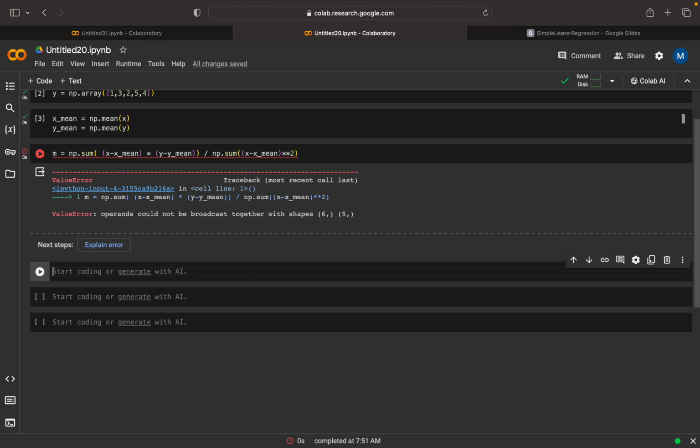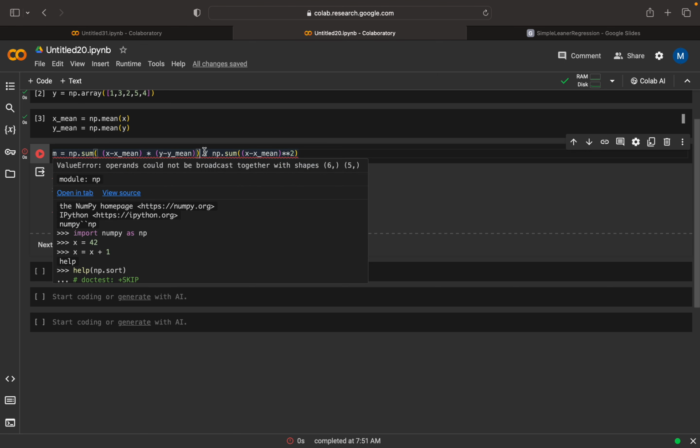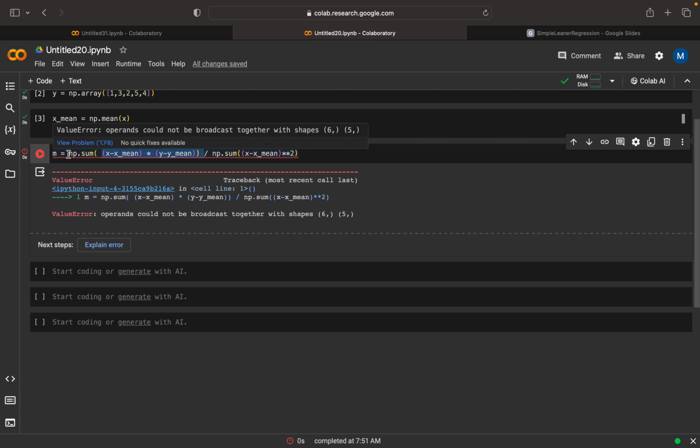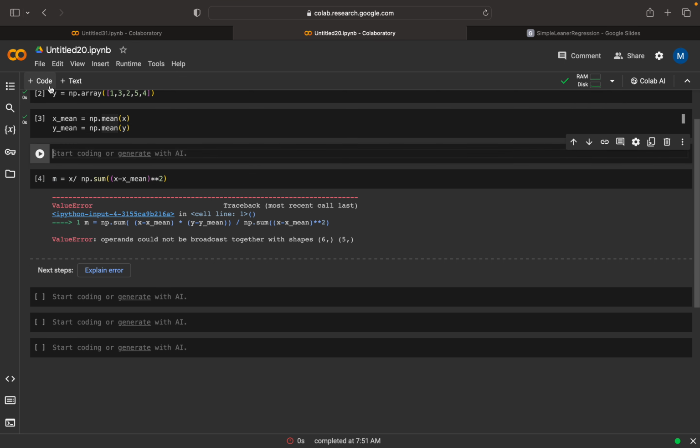Something is wrong. Operand could not be broadcast together with shape. Let me check this. x minus x_mean into y_mean, np.sum of x minus x mean power of 2 should be working. Here we are closing this bracket, so maybe let me take this out, then I can mention this as a numerator.